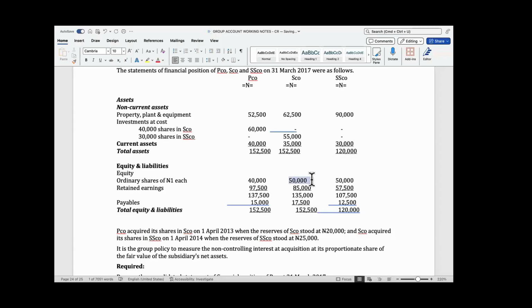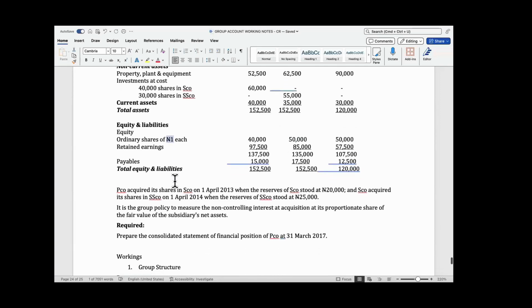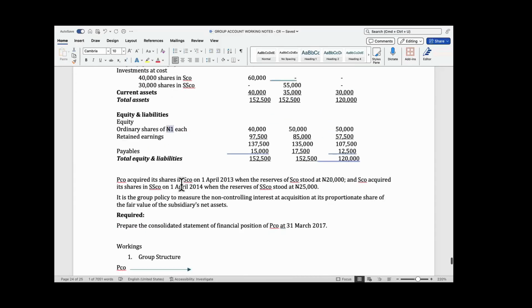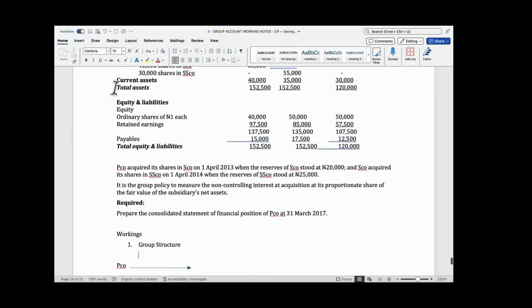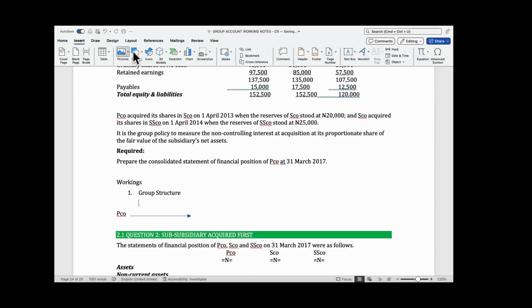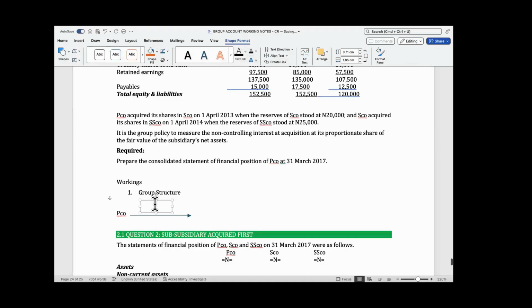And given that the share capital of ESCO is 50,000 at one naira nominal value, that means ESCO has 50,000 shares. So PICO acquired 40,000 out of the 50,000 shares that ESCO has. So we are looking at 40 over 50, which will give us how many percent? Please, 80%. Thank you, which is 80%.